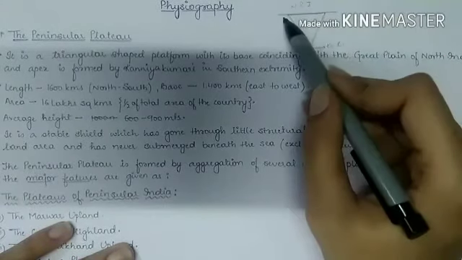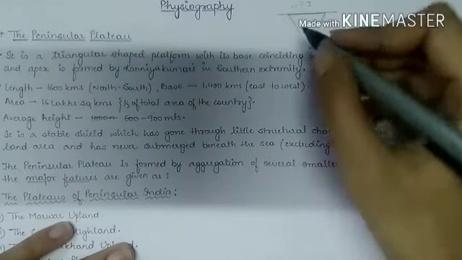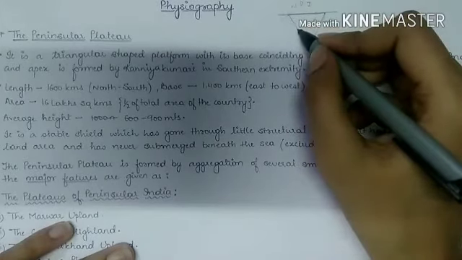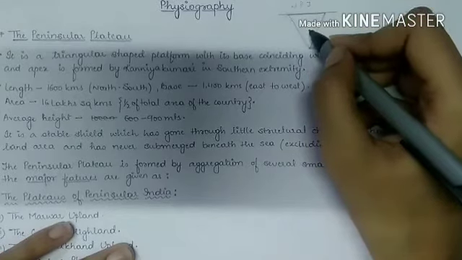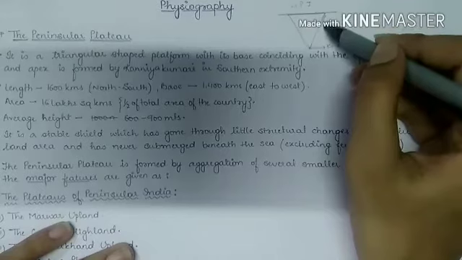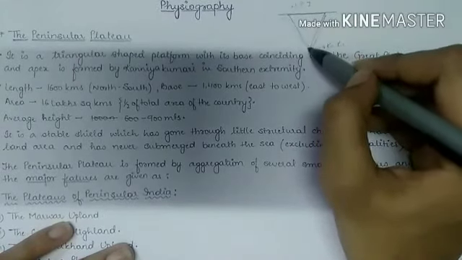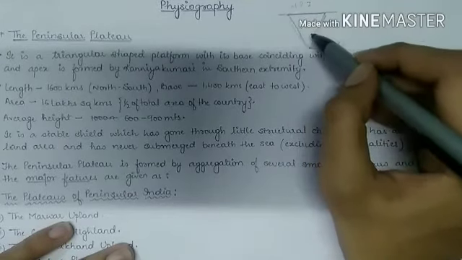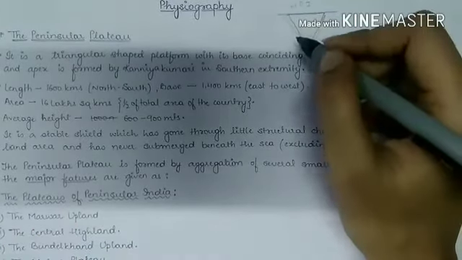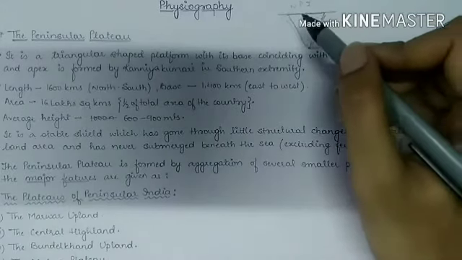We have the Aravallis, then the Vindhyan ranges, then the Satpura ranges, and then the Eastern Ghats and the Western Ghats at its eastern and western boundaries. So from all sides it is surrounded by hills.